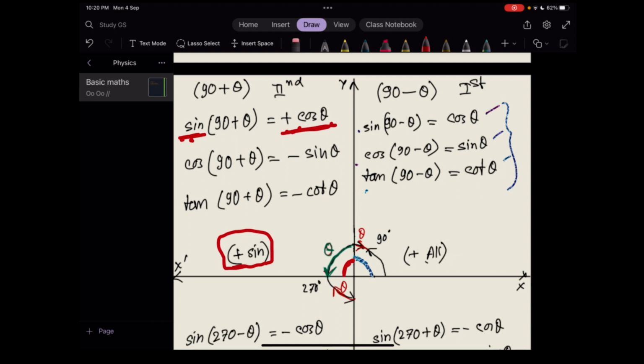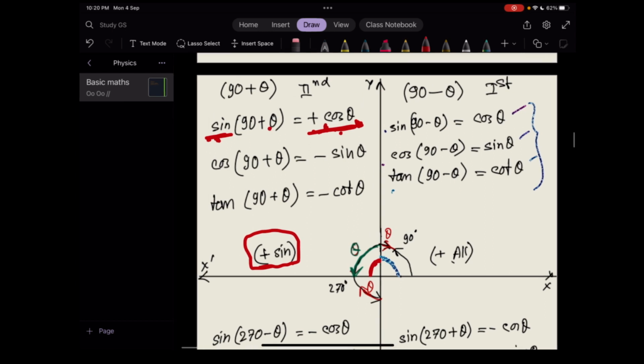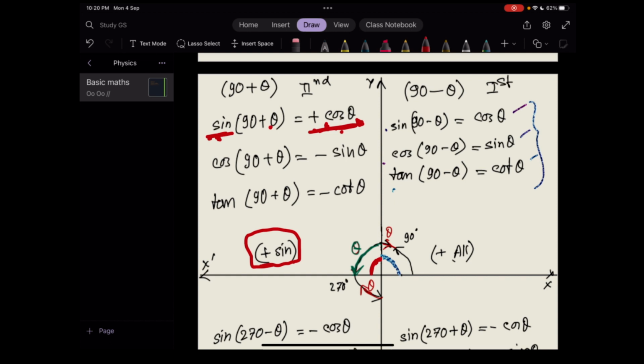Don't get confused with this cos theta. This cos theta is just the value of sine 90 plus theta, so that's why the value of sine must be positive.